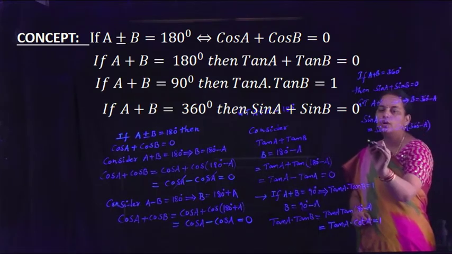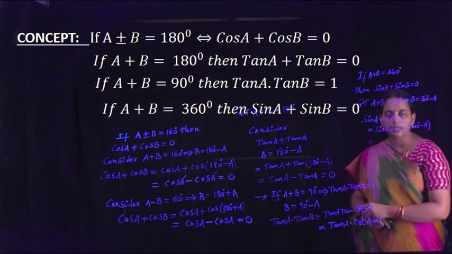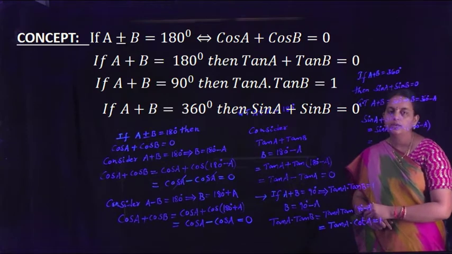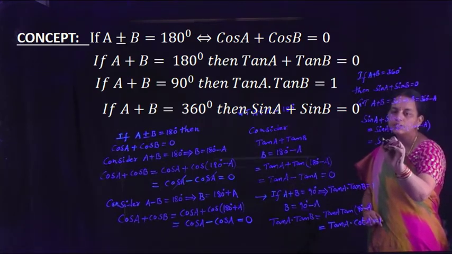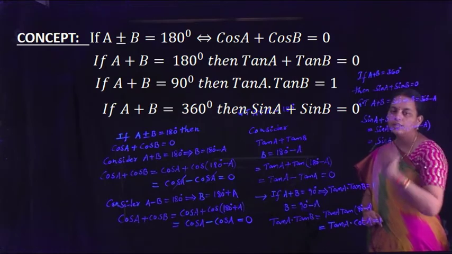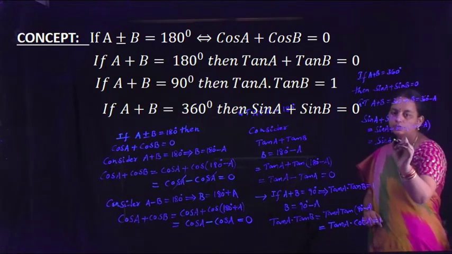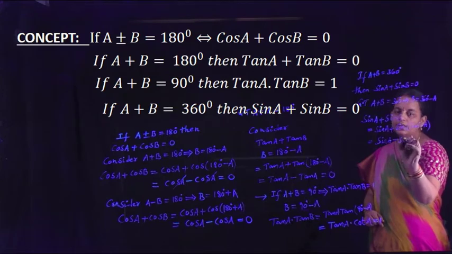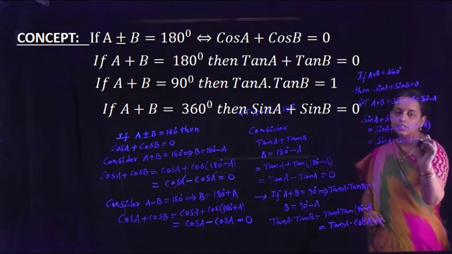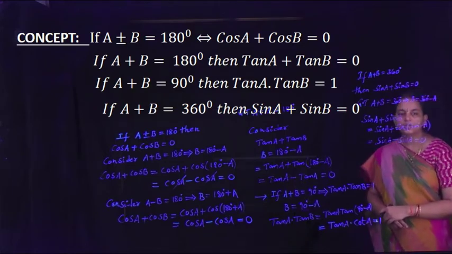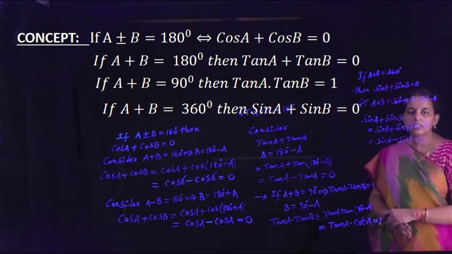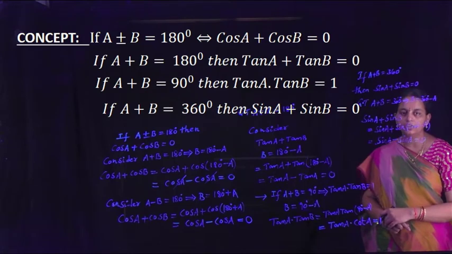In the fourth quadrant, sin has a negative sign. Therefore, sin of 360 minus A means minus sin A. So, sin A plus sin B is equal to sin A minus sin A, which is equal to 0. Therefore, if A plus B equal to 360, then sin A plus sin B equal to 0.